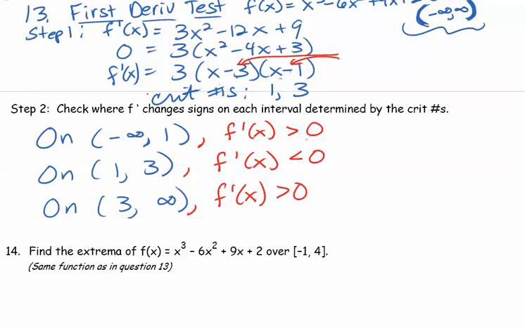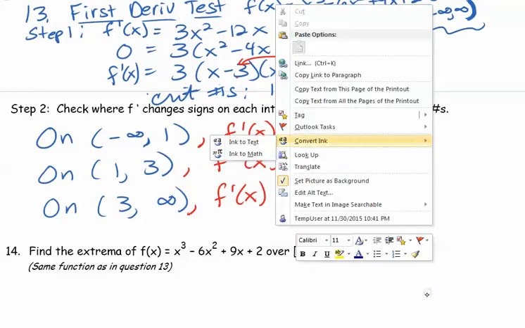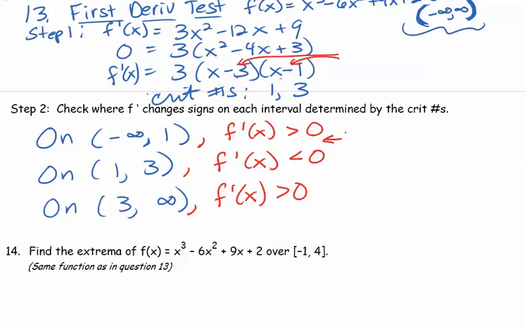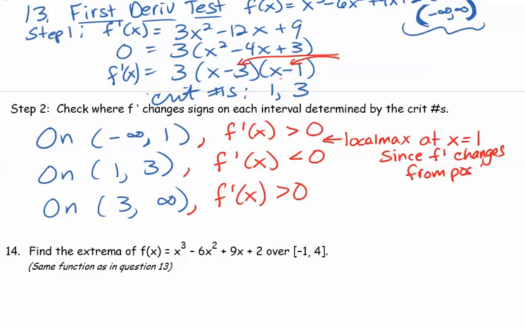So what we've noticed here is that where f prime changes from positive to negative, so right between these 2 points, if we have our positive slopes and then negative slopes, we have a local max at x equals 1, since f prime changes from positive to negative.